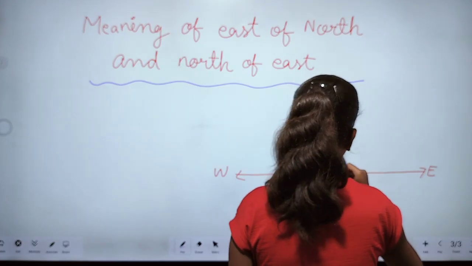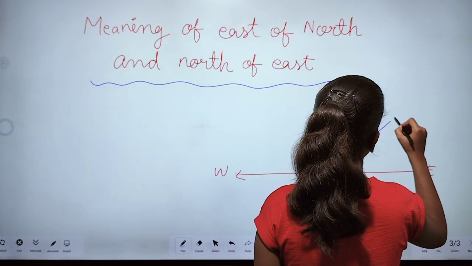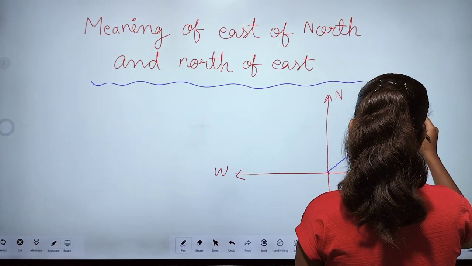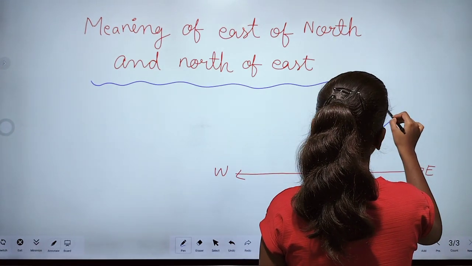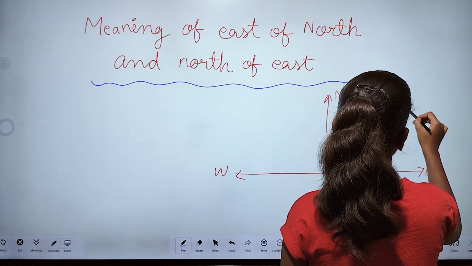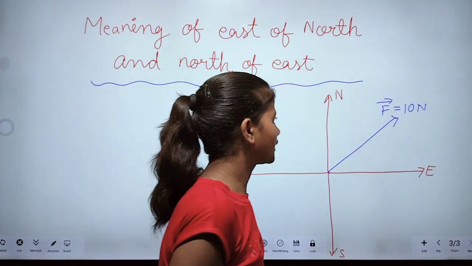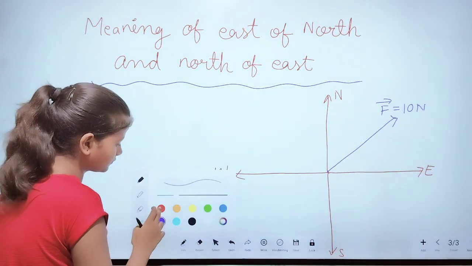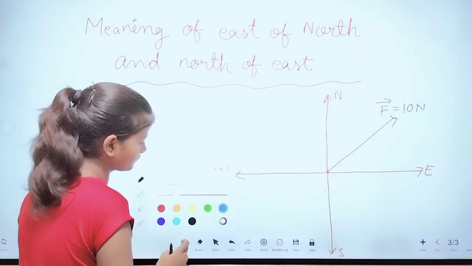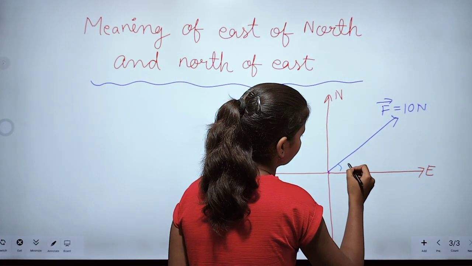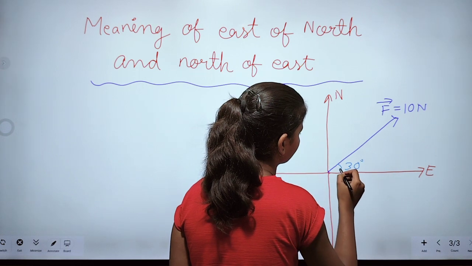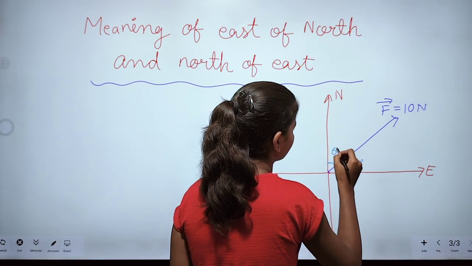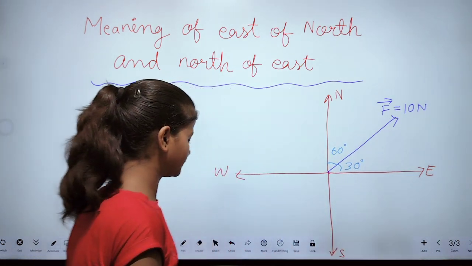So this one is with F vector equal to 10 Newton. This one is 30 degree and this one is 60 degree.